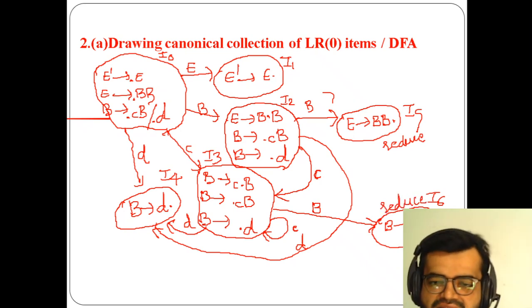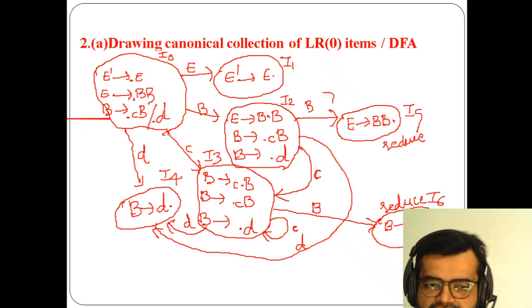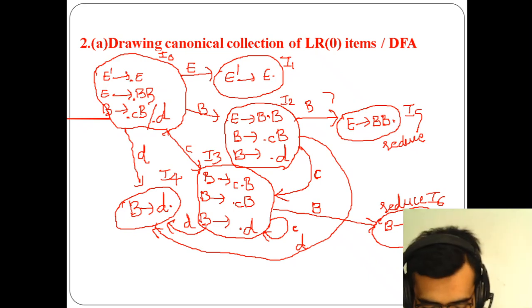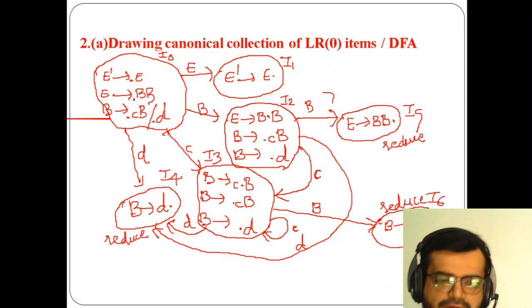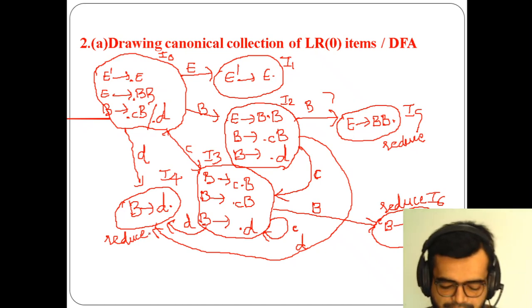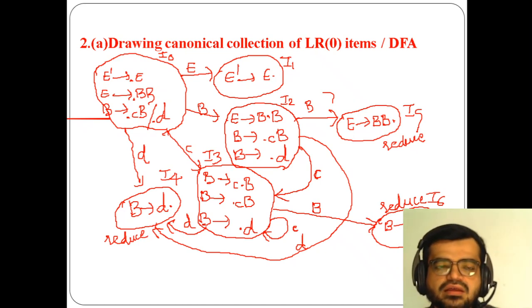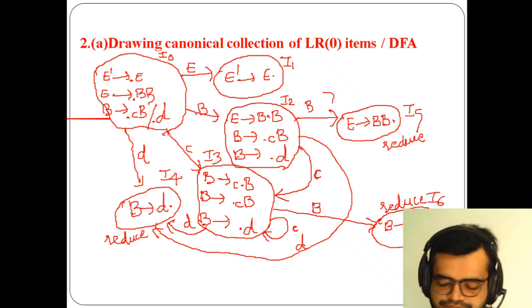Just understand why: after the dot there is no terminal as well as no non-terminal. Here also, B of D dot, nothing is there, so it will be used for reduce purpose. Okay, so in this way we have taken the canonical collection of LR(0) items.